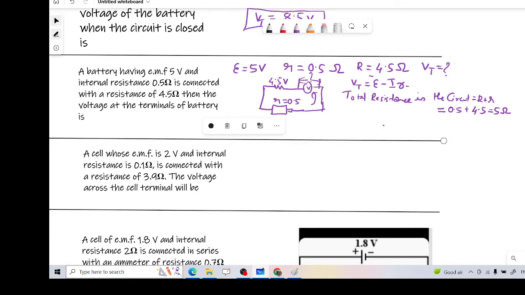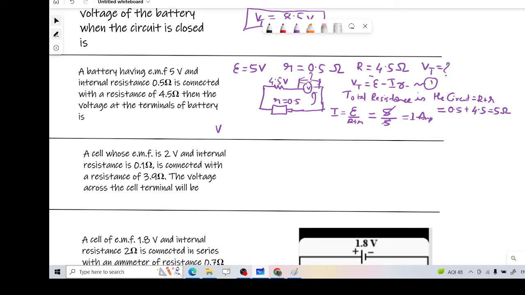The next step is to find I. I is equal to E divided by the total resistance, that is R plus r. E is 5 volt and the total resistance is 5. So the 5 gets cancelled, and 1 ampere is flowing here. Put this in equation number 1.